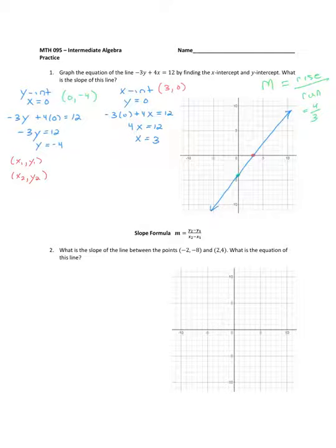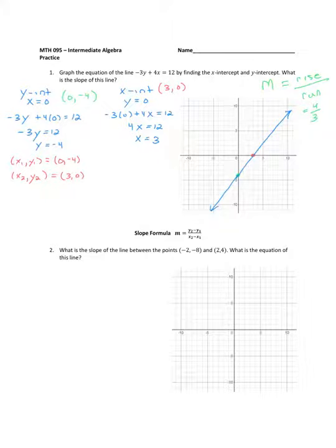I'll let x1, y1 be 0, negative 4, and x2, y2 be 3, 0. So here's x1 and y1, here's x2 and y2. I'm going to put that information into this equation.